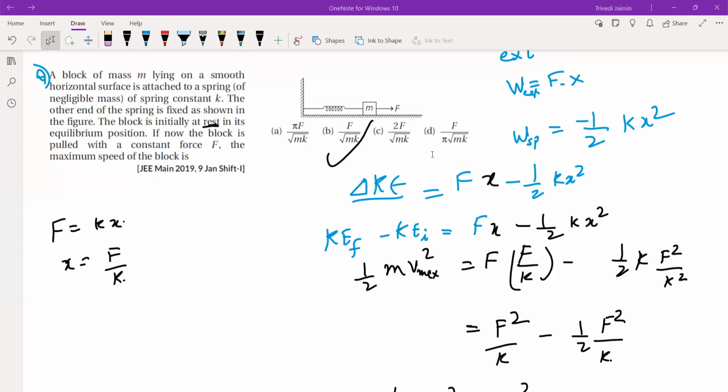Shruti, Mohammed Jafar, and Anjali, all three are not there. At least you can type your answer in the chat box.